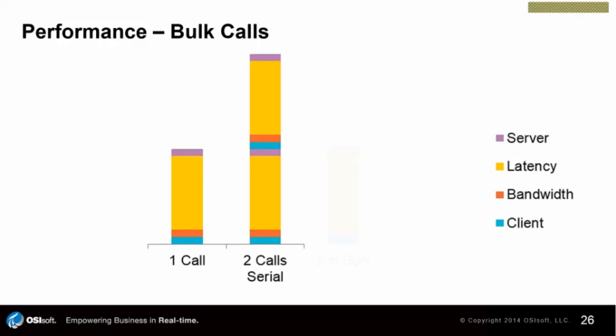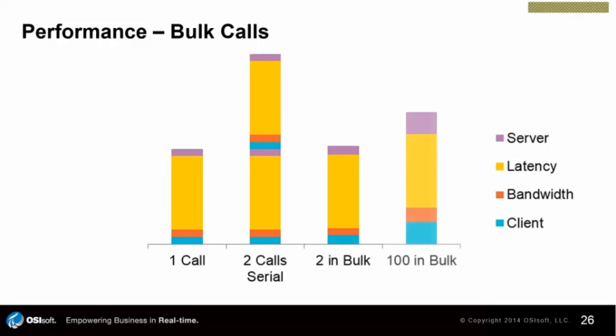So how do we improve on that? Perhaps we can improve it by allowing you to retrieve two bits of information in one call in bulk. Now, it will take slightly more time than one call, but not by a lot. This benefit gets even larger when your data set gets much bigger.